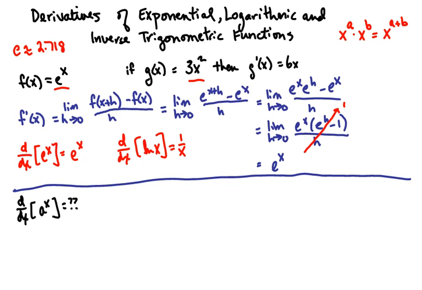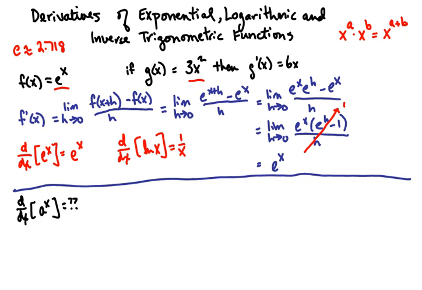We know what the derivative of e to the x is, that is the exponential function with a base e, and e being 2.718. But if there were a different base there, any other real number as the base, would it be the same? Would the derivative of a to the x, where a is any real number, just be a to the x?